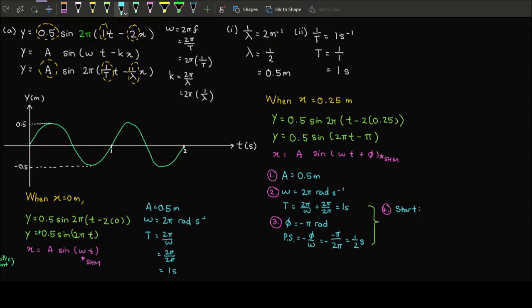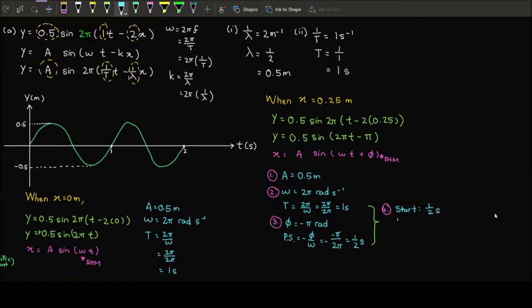I'll start my graph at the phase shift, because before that I started my graph at 0. Now it tells me I need to shift half a second to the right. So I will start my graph half a second to the right of the origin. So my start is half a second.